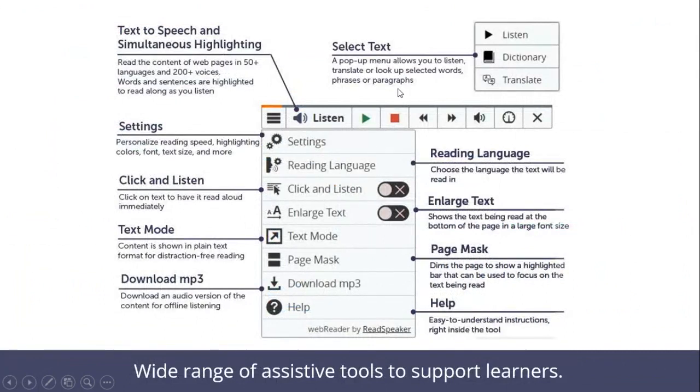Some functionalities of the web reader, as we are also focusing on accessibility: it's a listen button, but with many other options. You can adjust, for example, the speed of reading. You can change the text color, the words color, enlarge the text, and so on. There is also an option of translating the text or looking up a word.